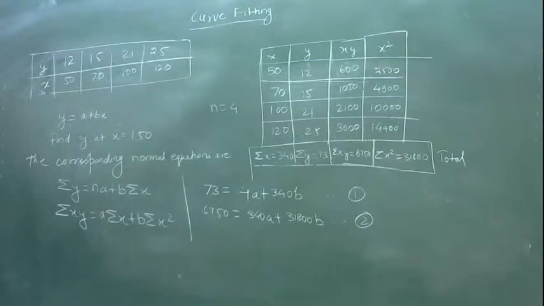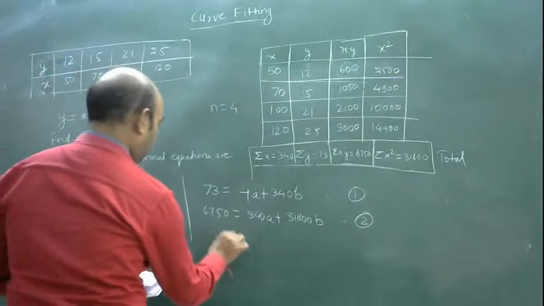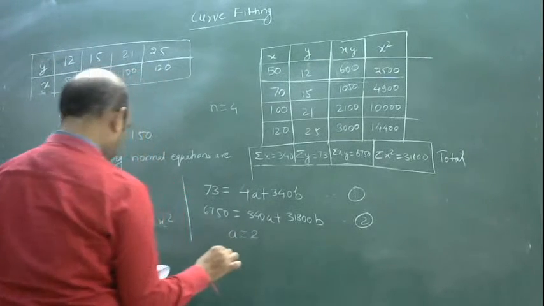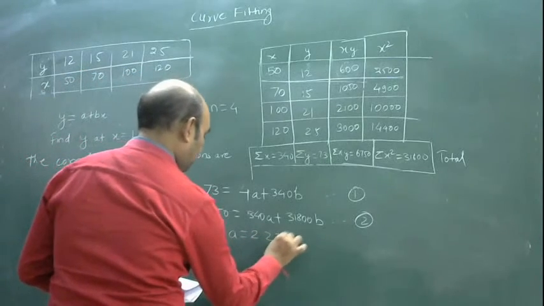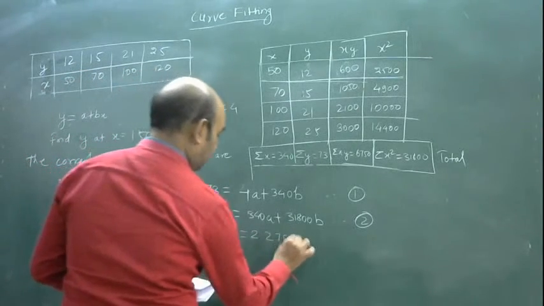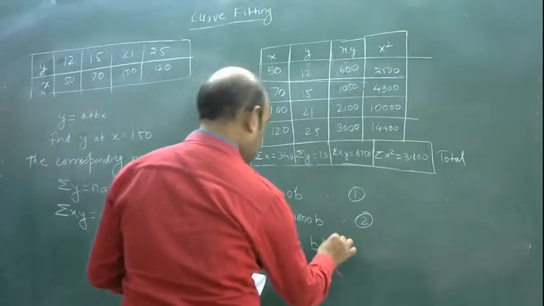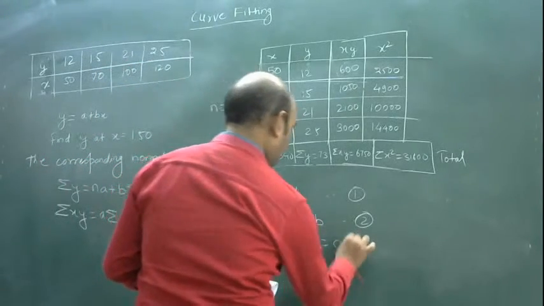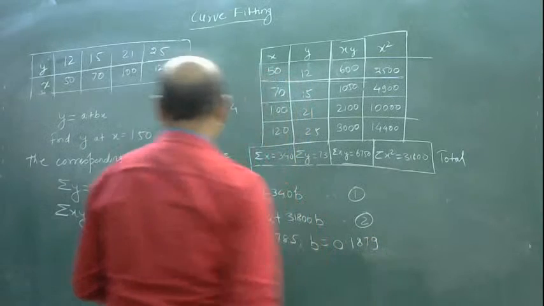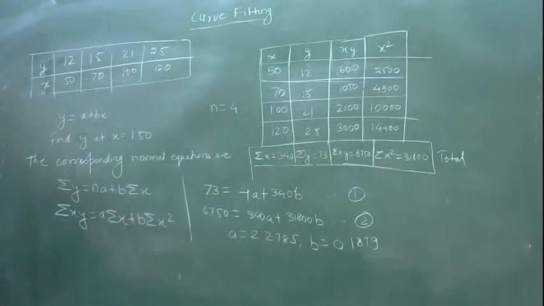Solve these two equations, you will find the value of a and b. So on solving these equations, a is equal to 2.2785 and b is equal to 0.81879.